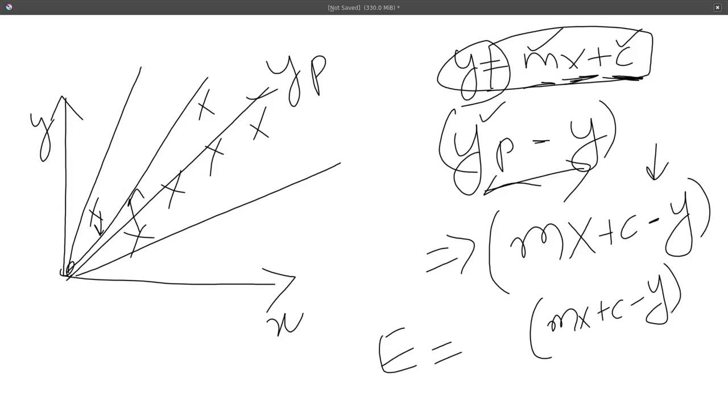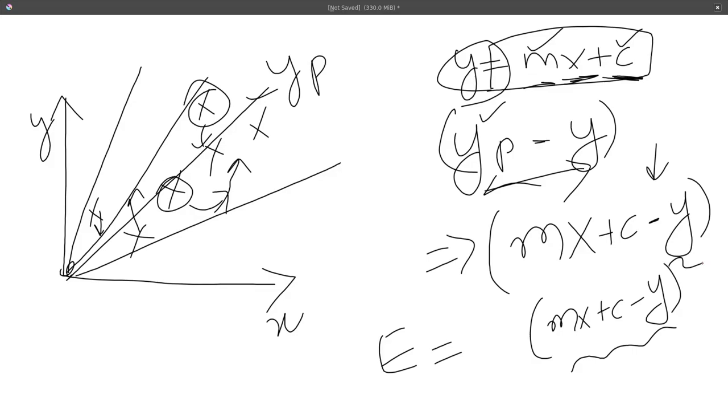Since this value can be positive and negative alike, because sometimes the point is below the line and sometimes above the line, we want to find the square of this distance, so as to get a quantity in positive terms, because distance is always positive, right?